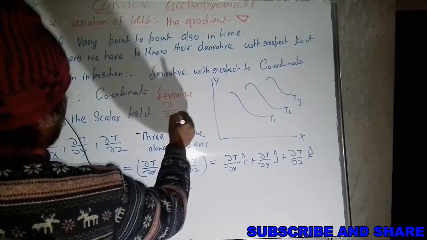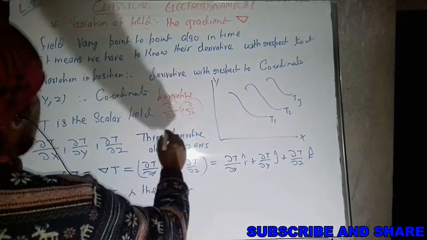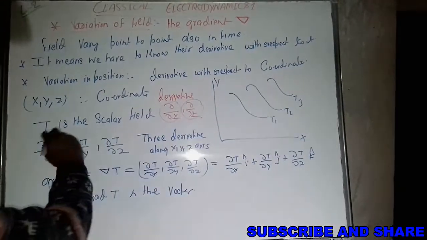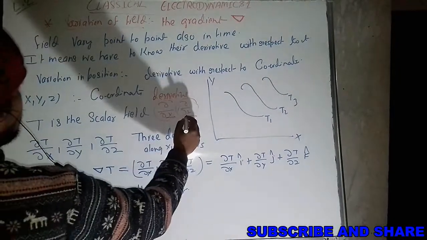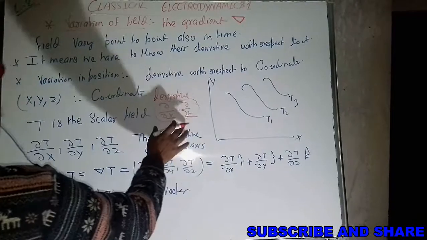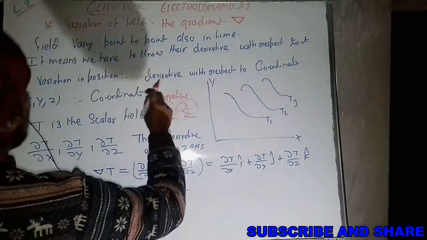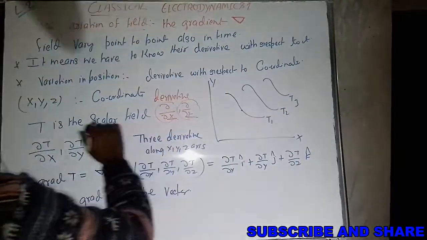Del by del x or del by del t is nothing but a variation with respect to x and with respect to time. So variation in position x and variation in time with del by del t. This tells about the specific value of the field at a specific point and a specific time.